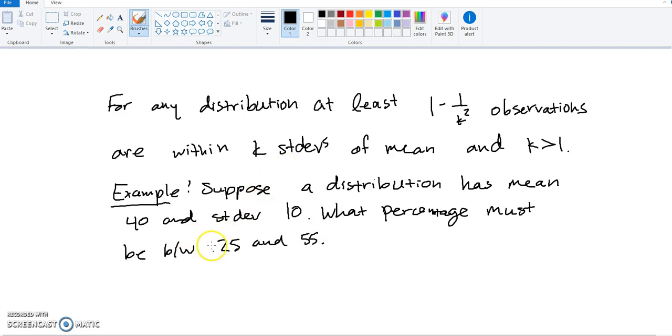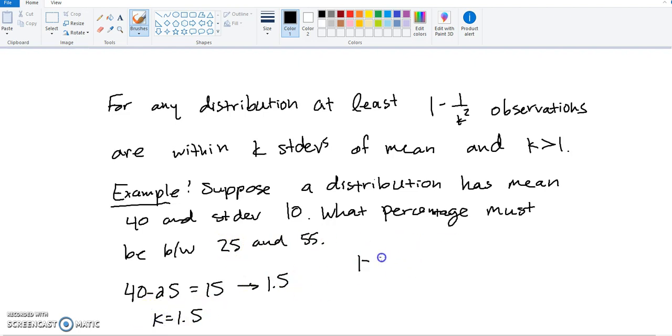First, let's figure out how far they are from the mean. 40 minus 25 is 15. That would be exactly 1.5 times 10, so this is 1.5 standard deviations away from the mean. The same is true with 55. It's 15 above 40. So in this case, k is just equal to 1.5.